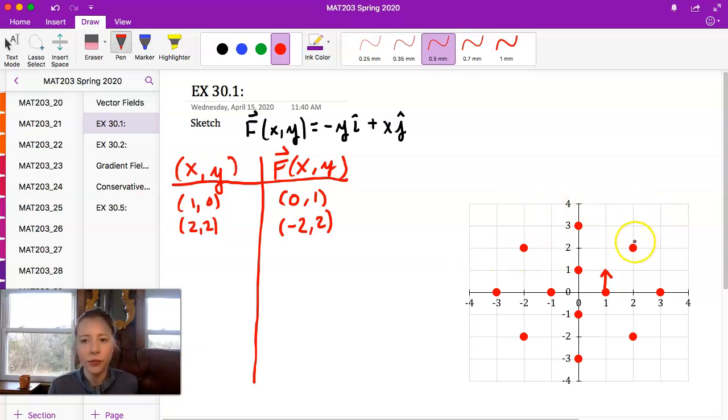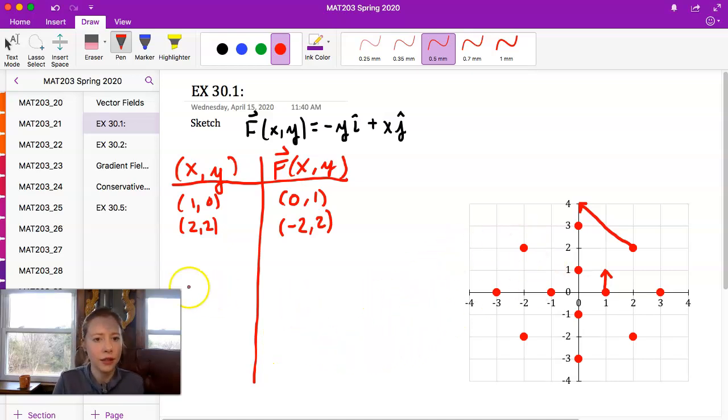From 2, 2, we are going to go left 2 and up 2. That would bring us to 0, 4. So let's see if I can draw this. We're going to go to 0, 4. All right, so that's another one.